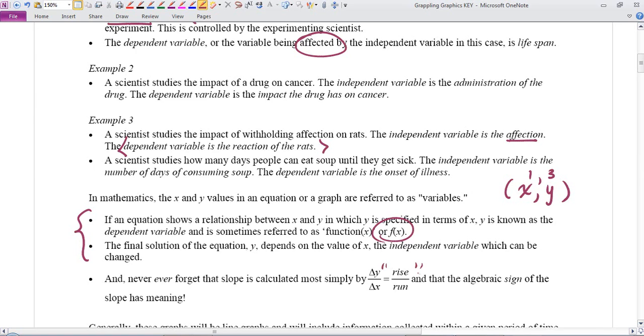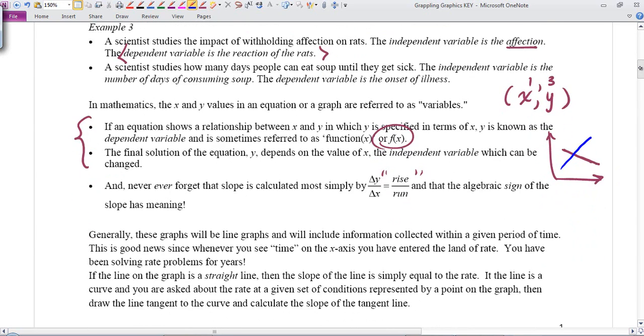And so the algebraic sign of the slope has meaning as well. This is a decreasing slope. So if time were on this x-axis in particular, as time goes by, whatever was happening was decreasing. And then, of course, the opposite to that would be an increasing slope. As time goes by, whatever we're measuring has been increasing. So slope has meaning.